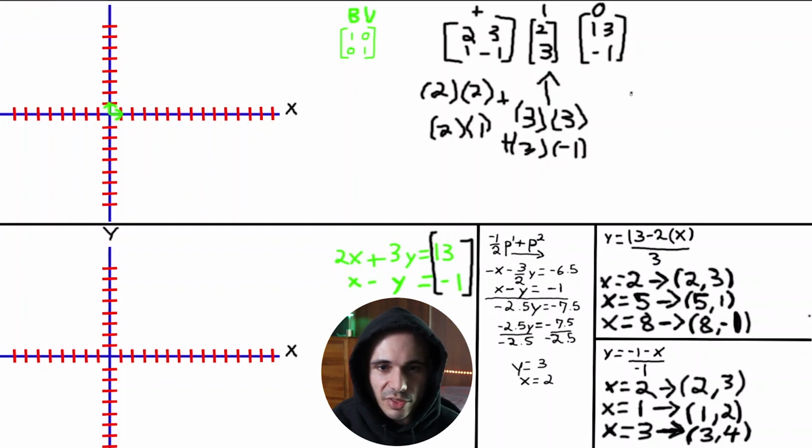After we do that, we get 4 plus 9, and then 2 plus negative 3. And that's what gives us our output vector here.